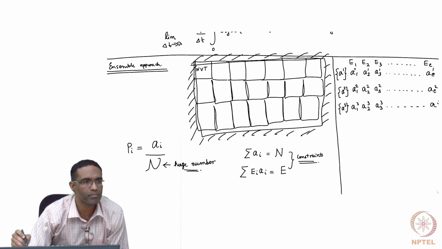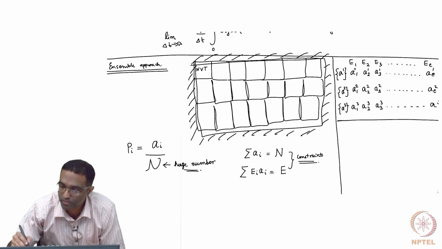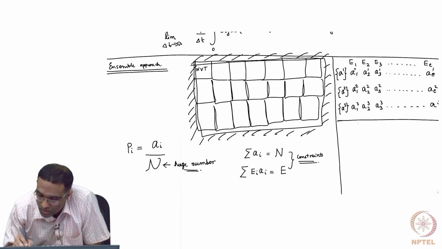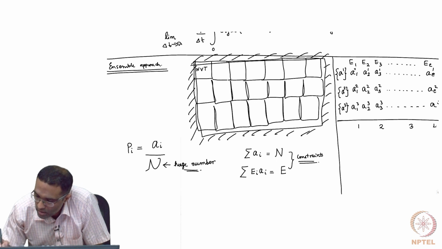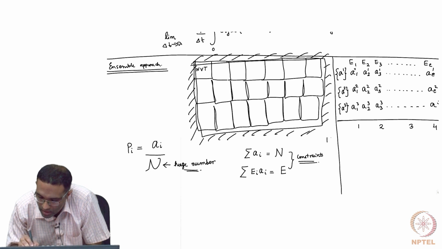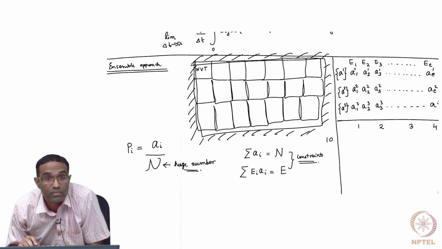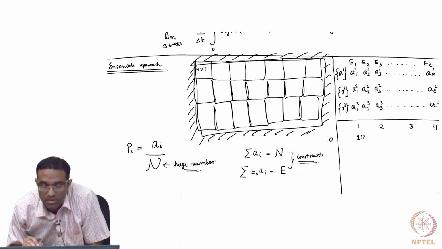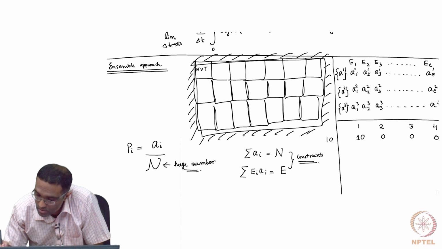Specific distribution. So I have to give an example. Let us say the energy levels are 1, 2, 3 and 4, and the total energy of the system is maybe 10. Then I can have 10 systems in energy E1, 0 here, 0 here, 0 here.